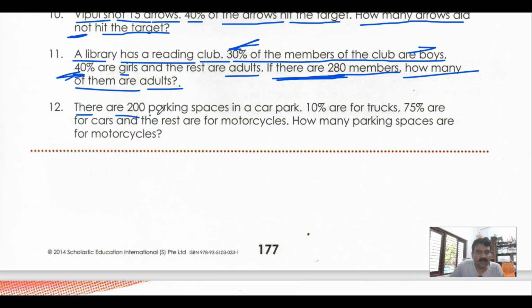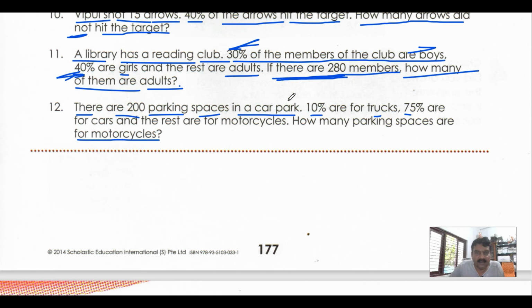There are 200 parking spaces in the car park. 10% are for trucks, 75% are for cars, and the rest are for motorcycles. How many parking spaces are for motorcycles? Okay, we'll see.